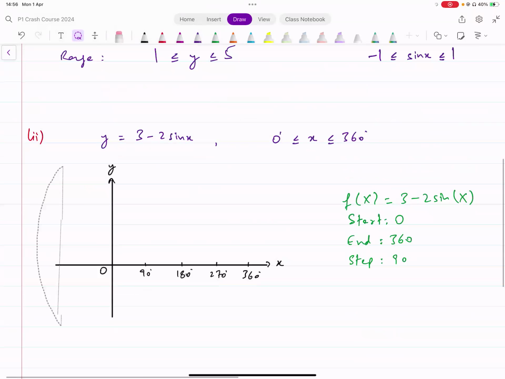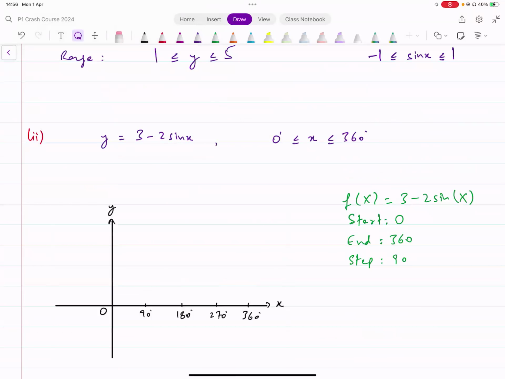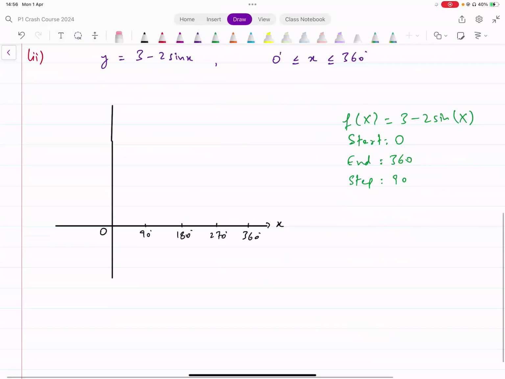So let me extend this a bit vertically. Okay, so this is what the y-axis looks like.